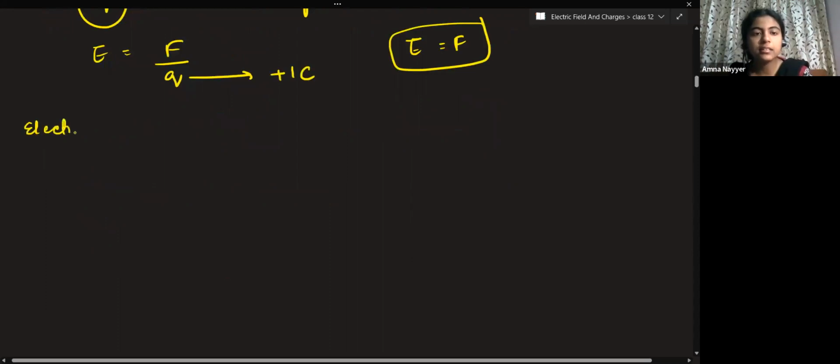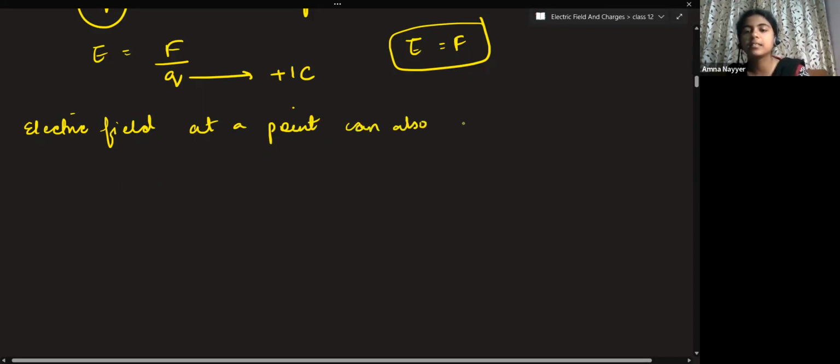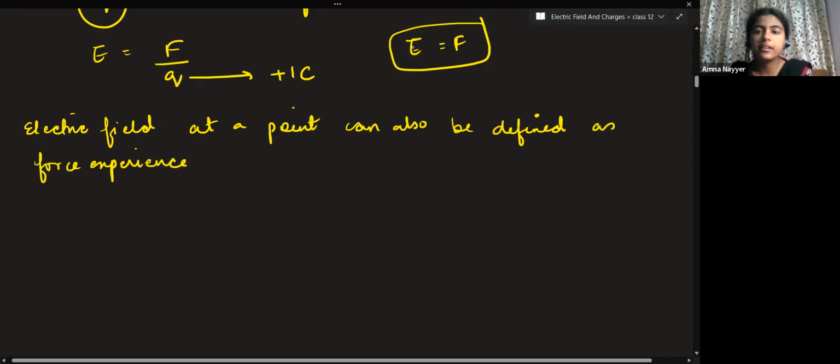Electric field at a point can also be defined as the force experienced. Electric field will be equal to the force experienced by what?